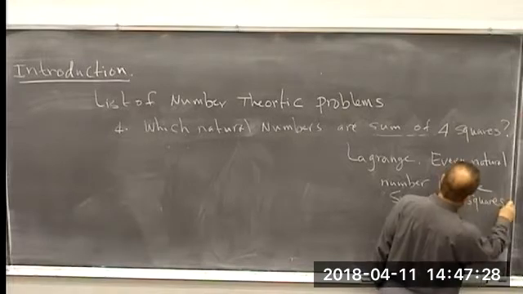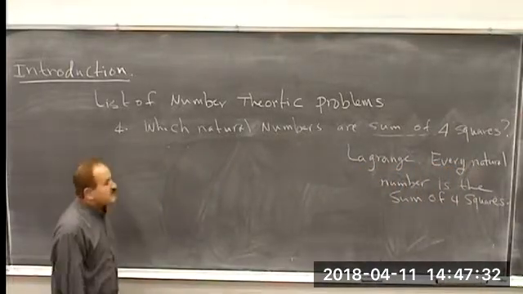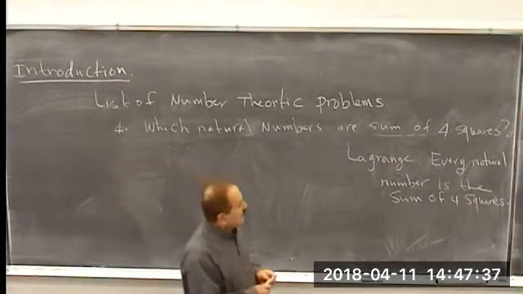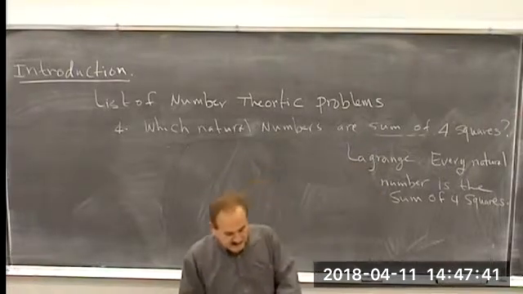Any natural number can be written as a sum of 4 squares. And again, this is already solved.